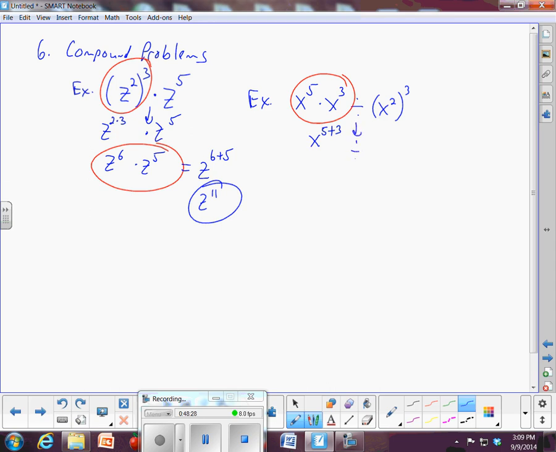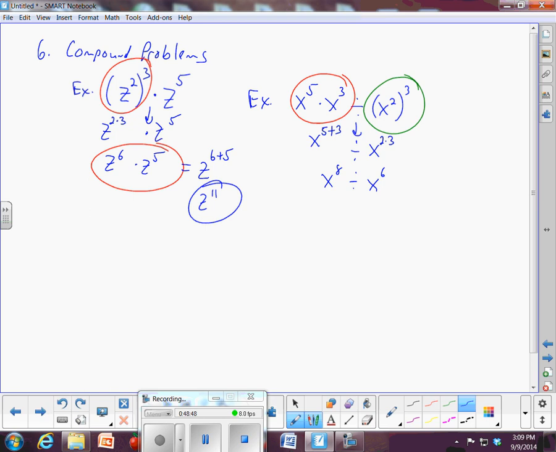Still have my division symbol. And now we can do this one as well. x to the A to the B equals x to the A times B. Multiply the exponents. All right, let's simplify. So this is an x to the 8th divided by an x to the 6th.